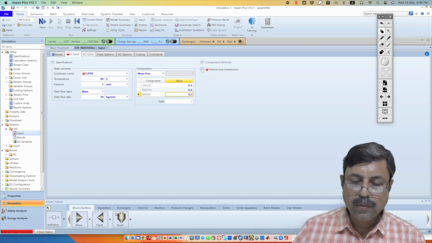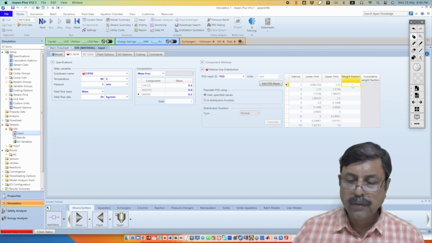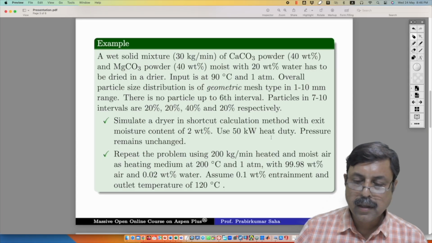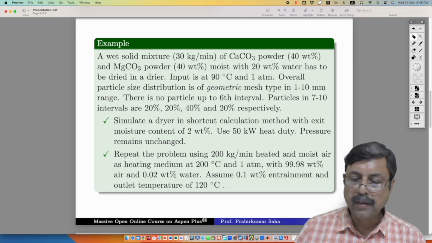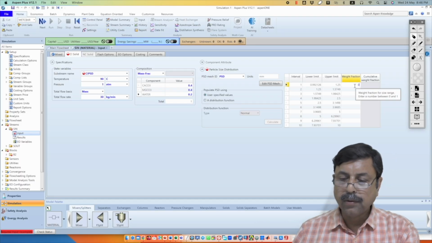And we have to place the particle size distribution. There are no particles up to the 6th interval. Particles in 7 to 10 intervals are 20, 20, 40, 20. So up to 6 there is only 0, no particle over there.